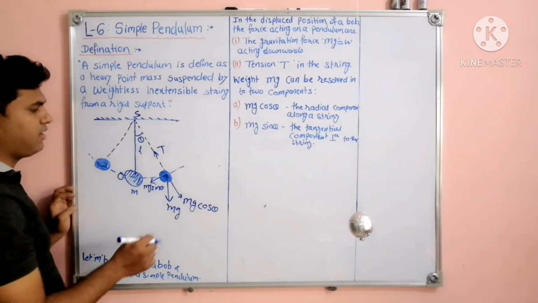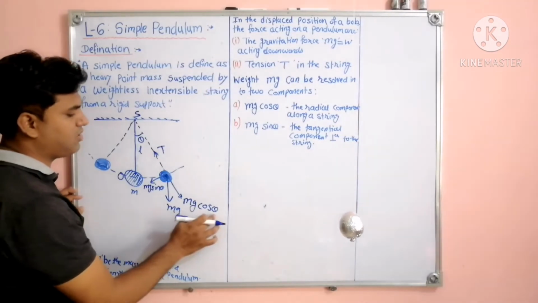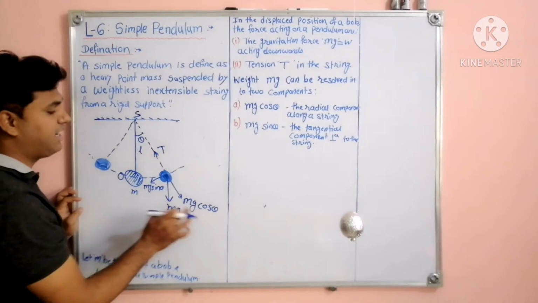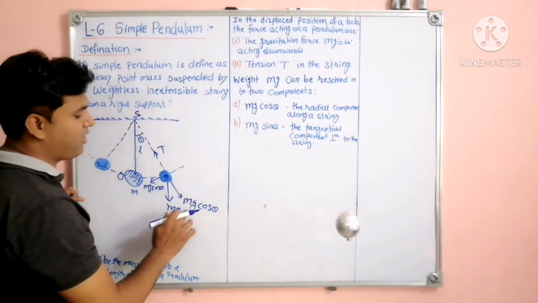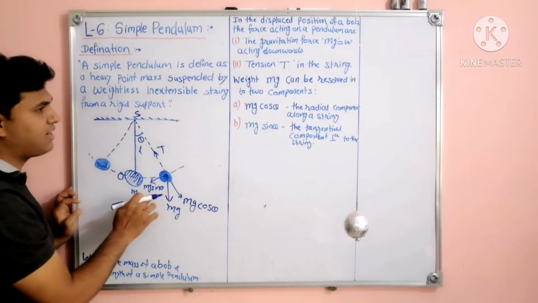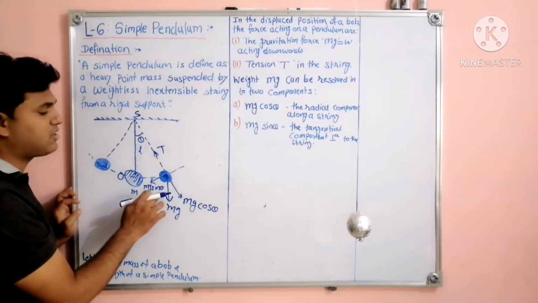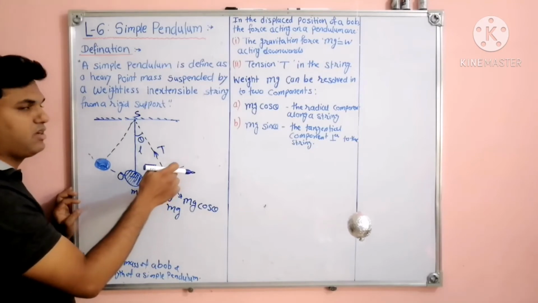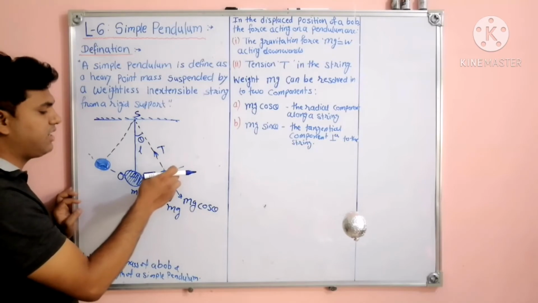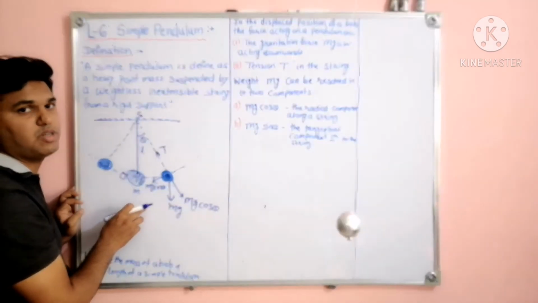Now here the tension T on the string and this component mg cos theta are equal and in opposite direction. So in that case, the component mg cos theta is balanced by the tension T, and the tangential component mg sin theta tries to return the bob to its original position, the mean position.